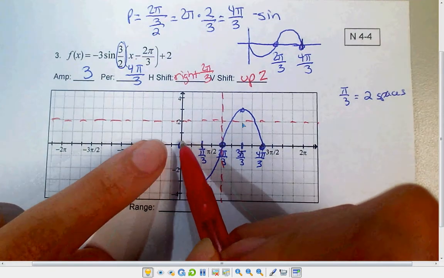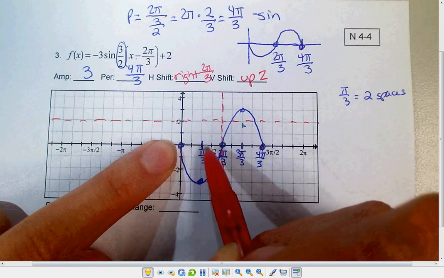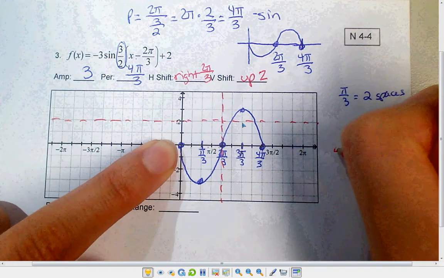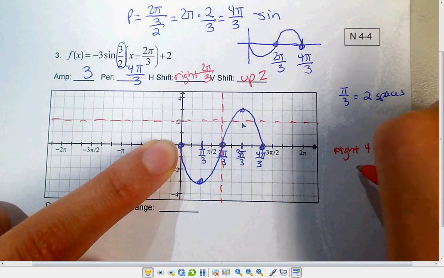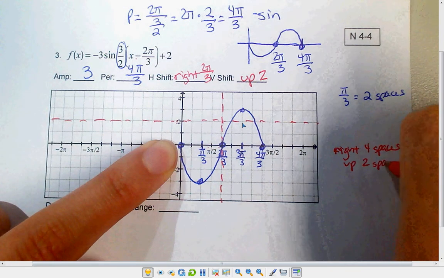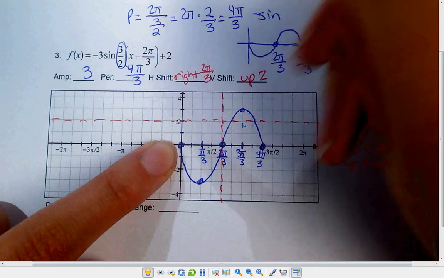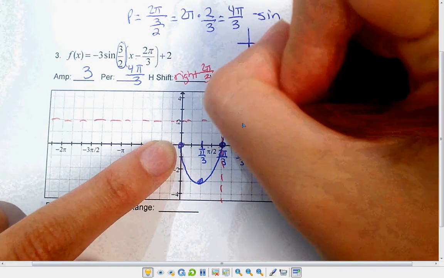And so from the origin to this new point, I'm moving 1, 2, 3, 4, right 4 spaces, and up 2. So right 4, up 2, here is my new point.